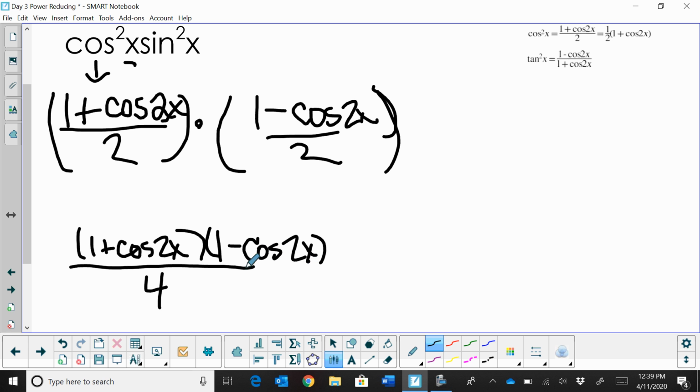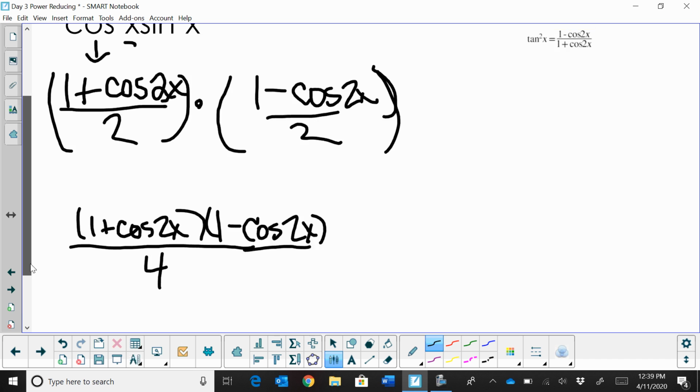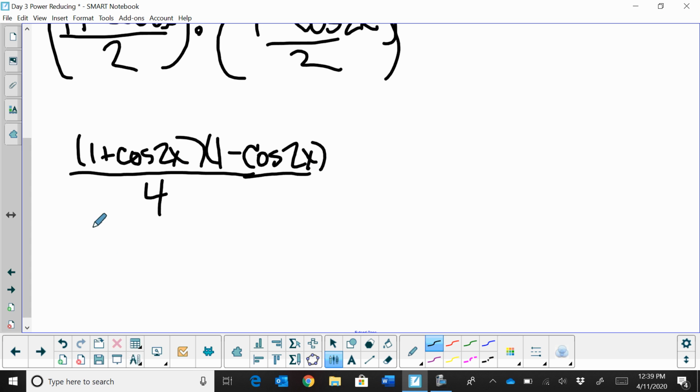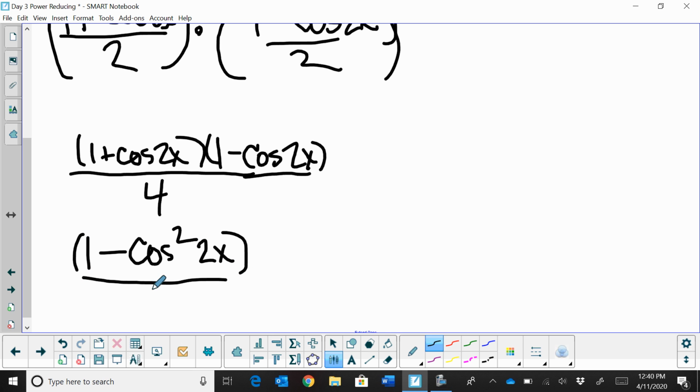And hopefully at this point you're going, okay, I kind of recognize those. Those are conjugates. So once I multiply that together, I'm going to get 1 minus, outer and inners cancel, and I get 1 minus cosine squared of 2x all over 4.